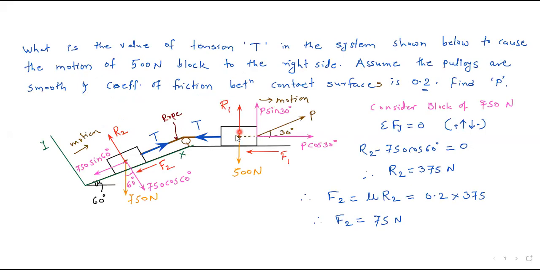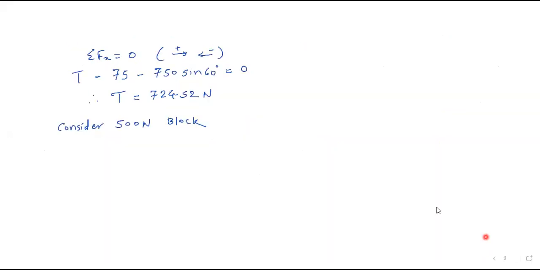or rather apply Fy equal to 0. So if you apply summation Fy equal to 0, then this R1 is moving upward positive, 500 is moving downward negative, and plus P sin 30, it is moving upward, so this is also positive. Upward plus, downward minus sign conventions.